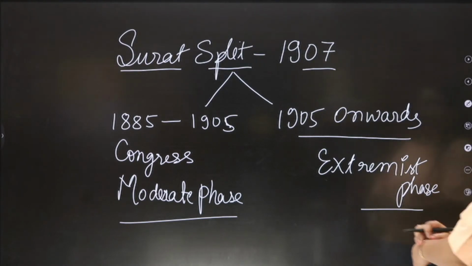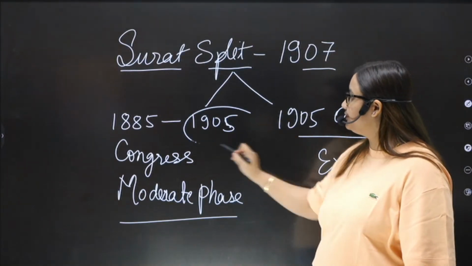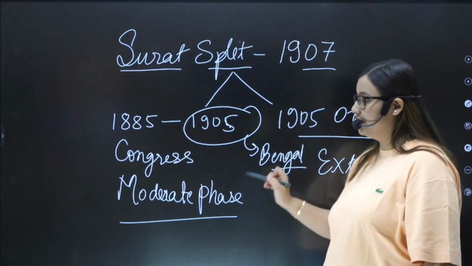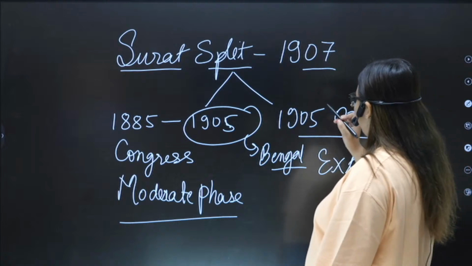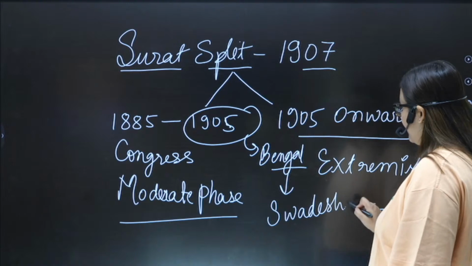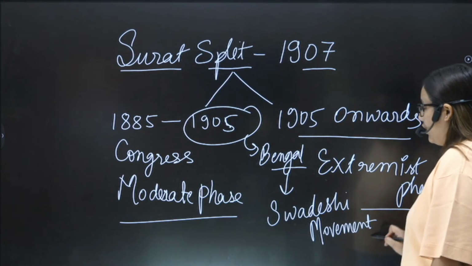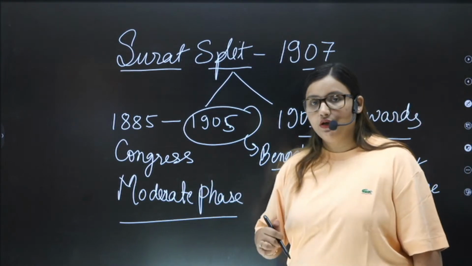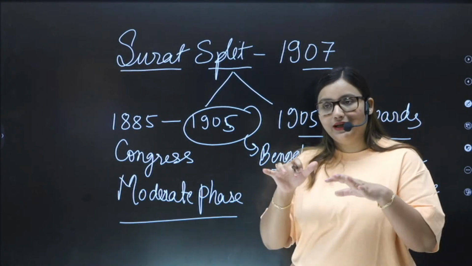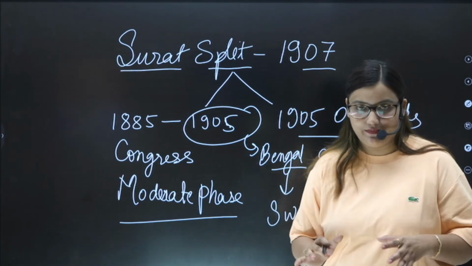Now, the problem happened after that, 1905 partition of Bengal. Congress wanted to launch the Swadeshi movement. So, when they wanted to launch the Swadeshi movement, there was a problem that Congress was still dominated by the moderate leaders. The moderate leaders said that we should follow the Swadeshi movement in the Bengal area only, and we should not involve the masses.